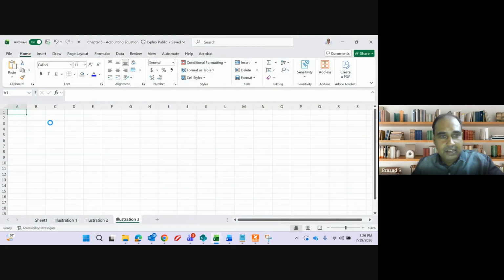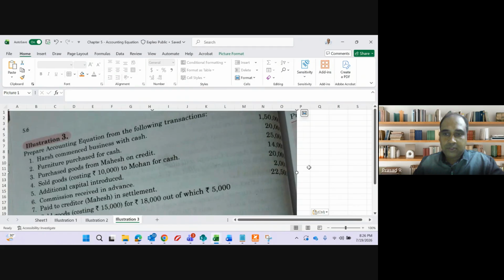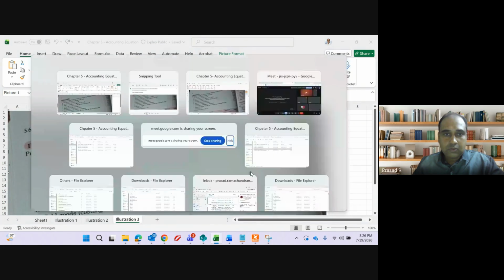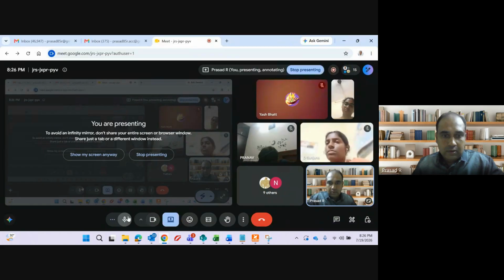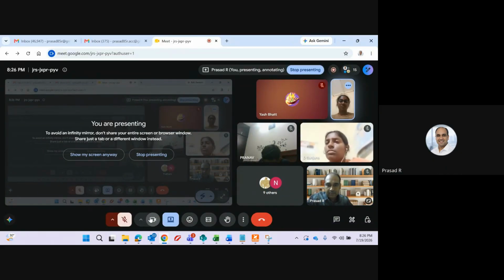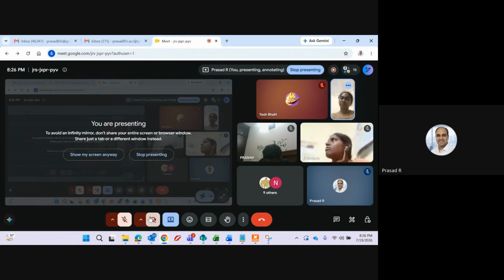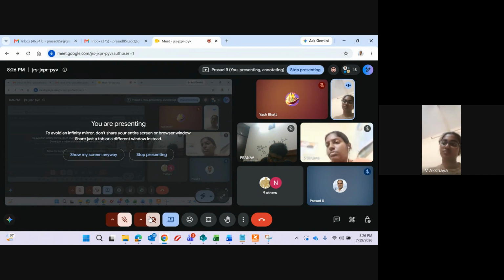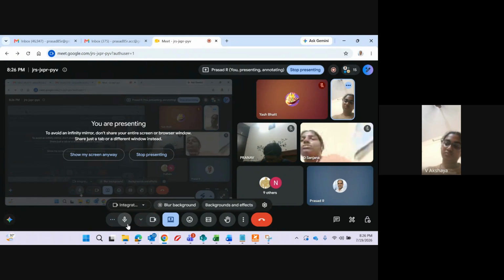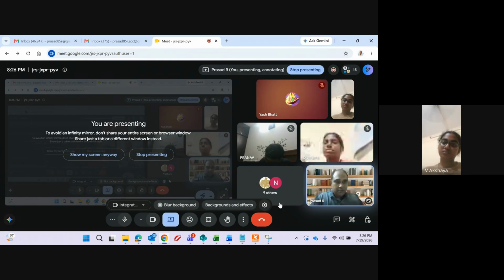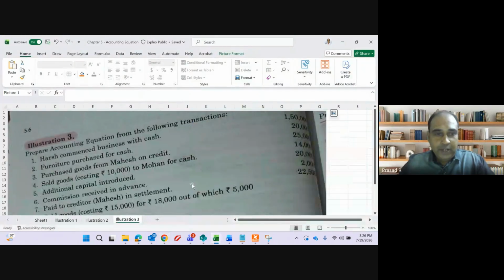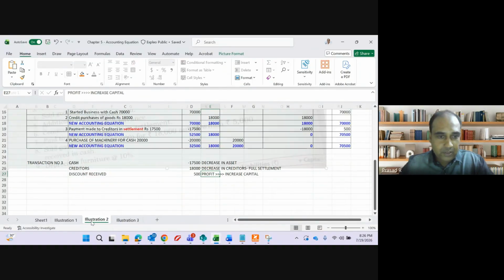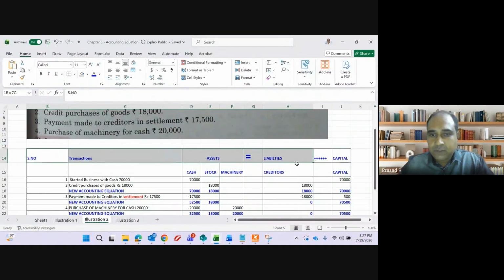I think I was taking photographs. Shall we do it now? As usual, I will copy the format.